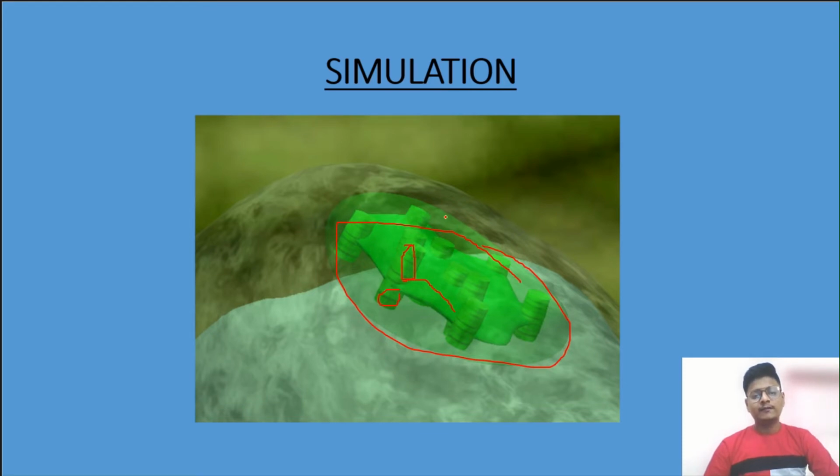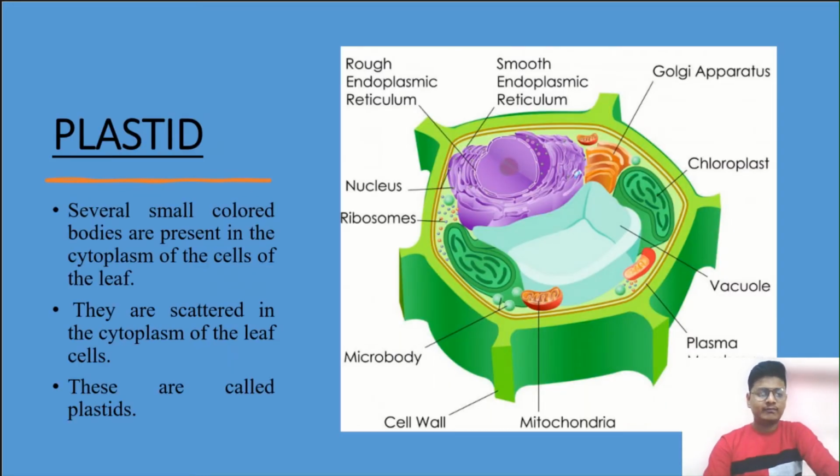But if it was not green in color, then we could call it plastids. So today we will be studying about plastids. What is a plastid? Several small colored bodies are present in the cytoplasm of the cells of the leaf. They are scattered in the cytoplasm of the leaf cells. These are called plastids.